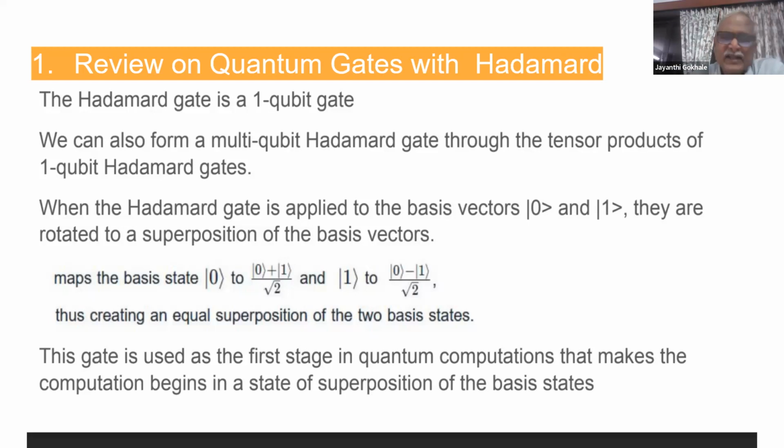So the Hadamard gate is one of the most commonly used gates in most of the quantum computations and quantum algorithms, wherein we typically take the input from the system, and using the Hadamard gate, we just put this into a superposition of the basis states.